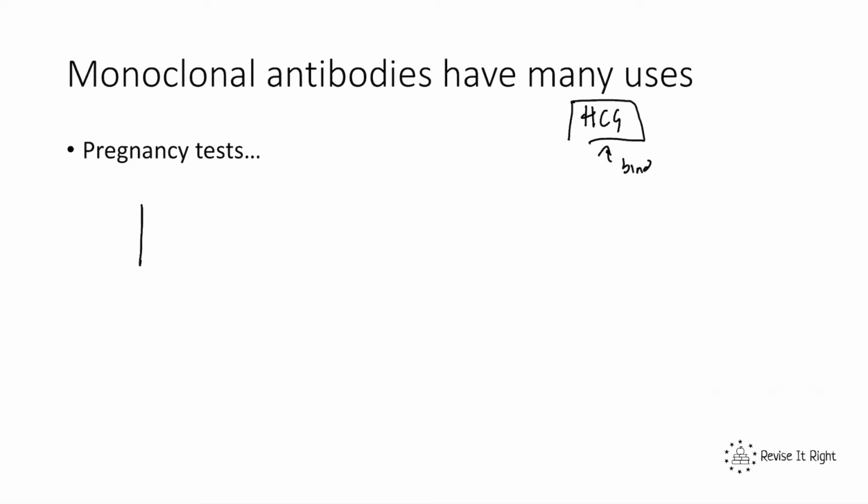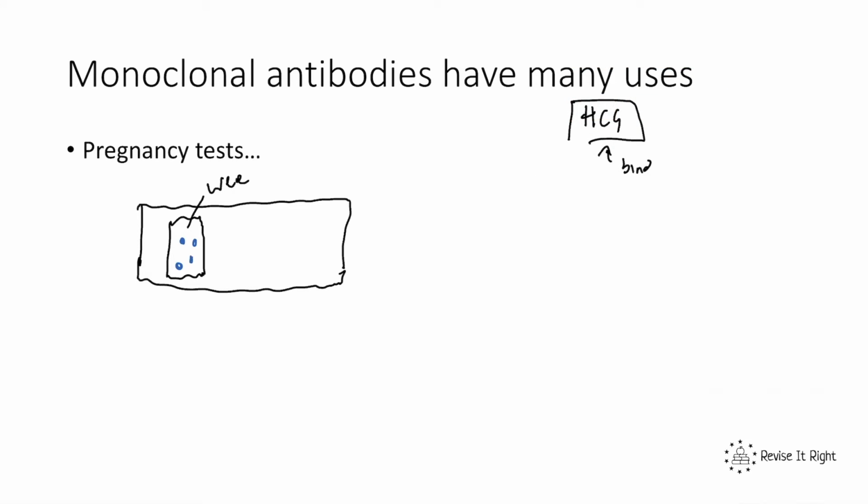So here what I'm going to draw is a pregnancy test stick, and this is the part on which you wee, or the lady that thinks she may be pregnant wees on. Now in this part here you have a blue bead or blue dye, like so, and attached to these blue dyes are the monoclonal antibodies that HCG will bind to.